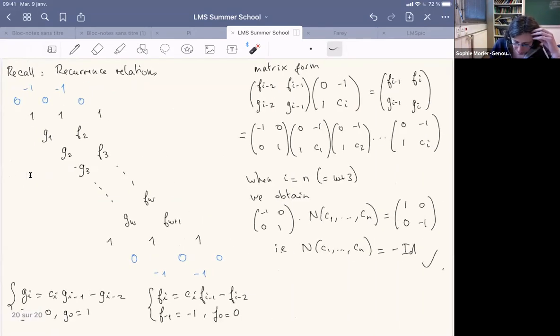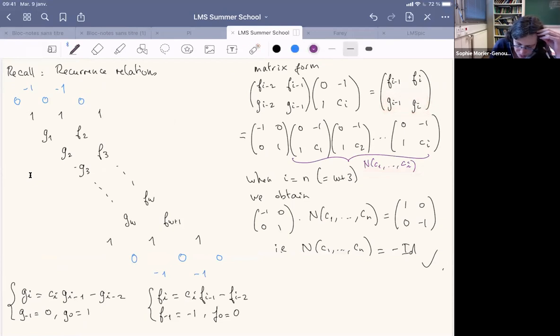So the positivity condition is because in this matrix N, this is the matrix N of C1, Ci. So the second row in this matrix is the same as the second row in this matrix.